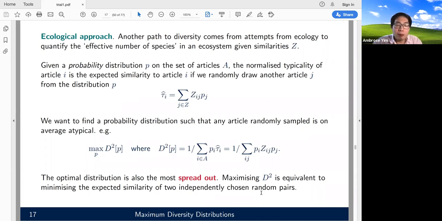I'm basically minimizing the expected pairwise similarity between articles. So if I'm drawing articles from a distribution to minimize the similarity, that gives us some sense of sampling things in the most spread out way.